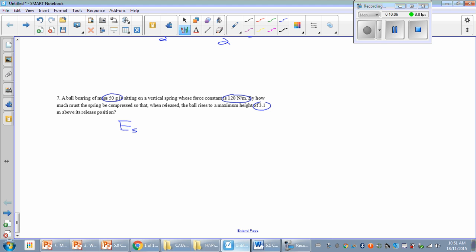Did one very similar to this just a second ago. mgh, we're trying to get it up to 3.1 meters, except now we're solving for how much you have to compress the spring. 50 grams has got to be in kilograms, so that's 0.050 kilograms. Over here, it gives you the 120 for the spring constant, and you have to solve for x.